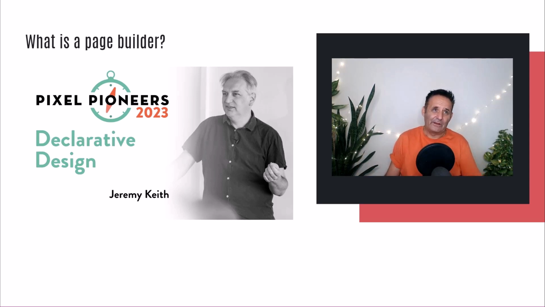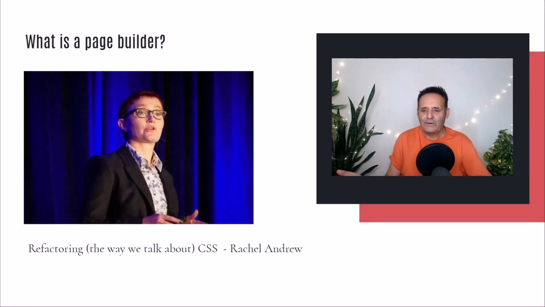And this, thanks to CSS Grid and the efforts to rationalize everything into a logical system, means it's much easier. There is a great talk by Rachel Andrews, a bit heavy going, from 2019 called Refactoring the Way We Talk About CSS.